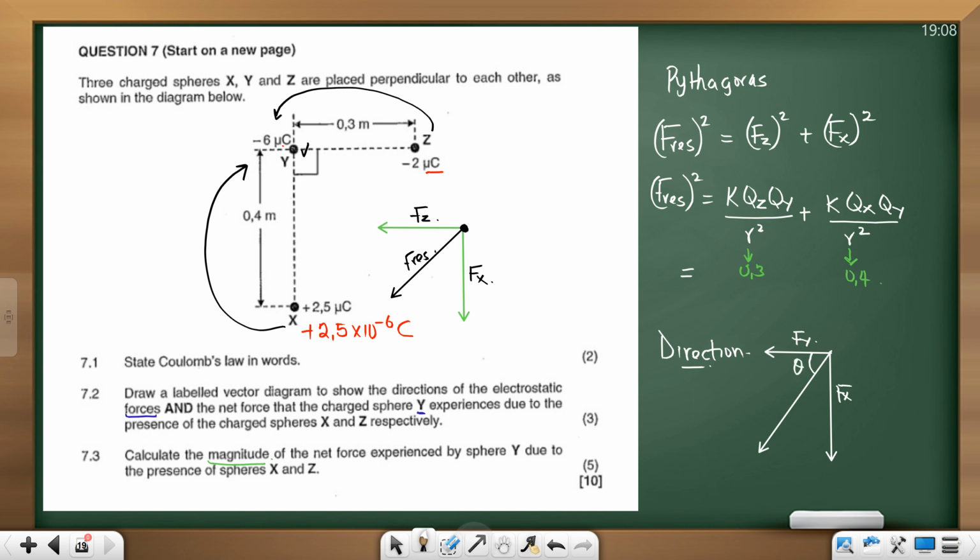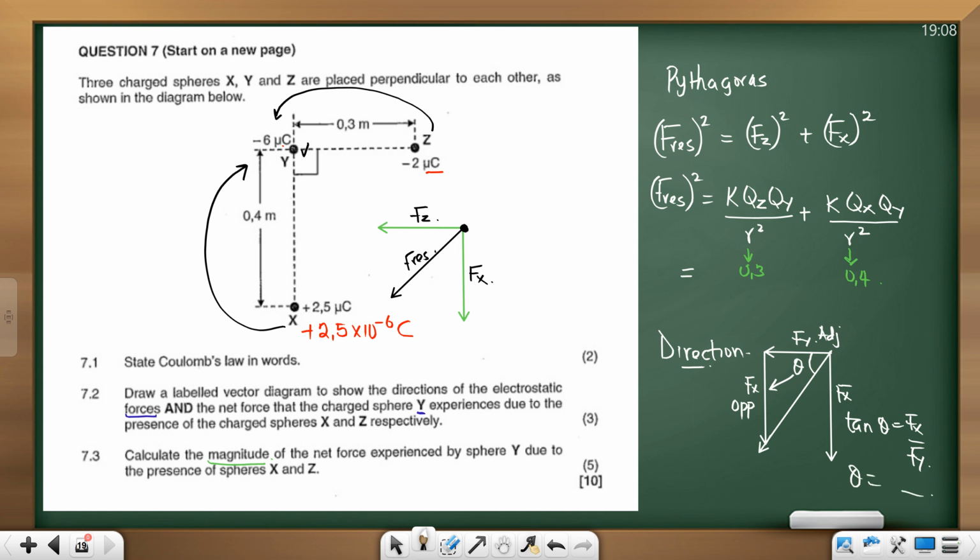And basically that's again Pythagoras, SOHCAHTOA. This is Fx. Do you notice that is opposite? And this is adjacent. So tan theta is opposite Fx over Fy. You get your angle there, theta.